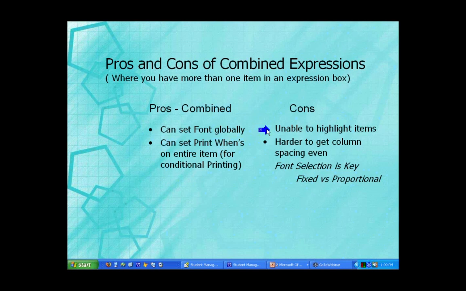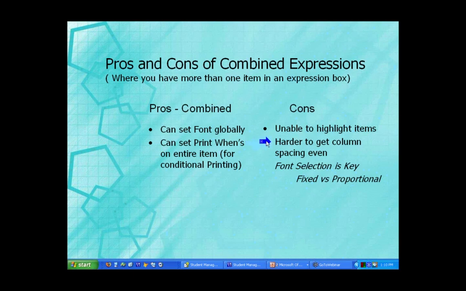You can't make individual items in that box one font italic or one bold, or use a different size within one expression box. When you're doing conditional printing, if you've got a string of data elements and you want all of them to behave according to a condition, putting them in one box lets you do just one print when.